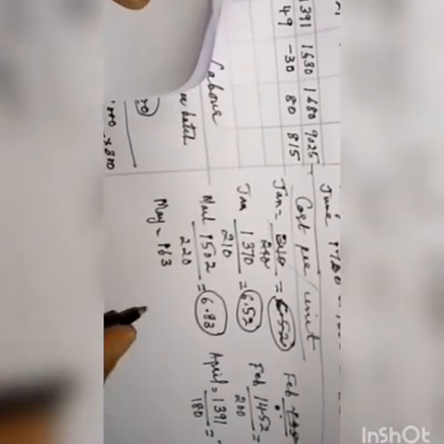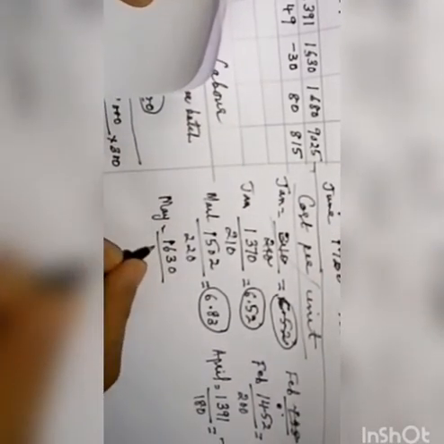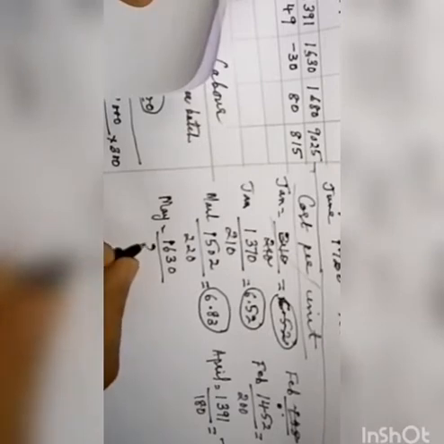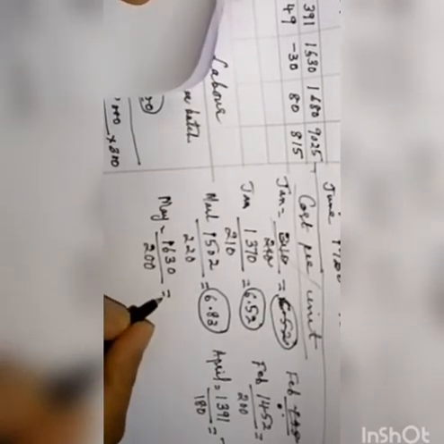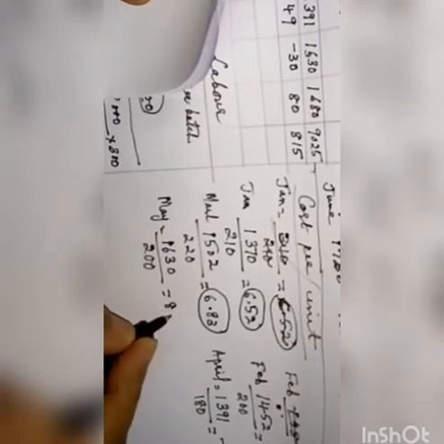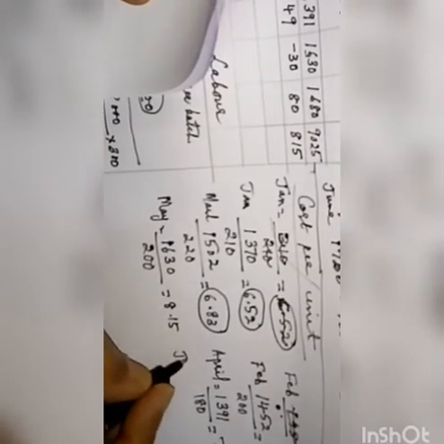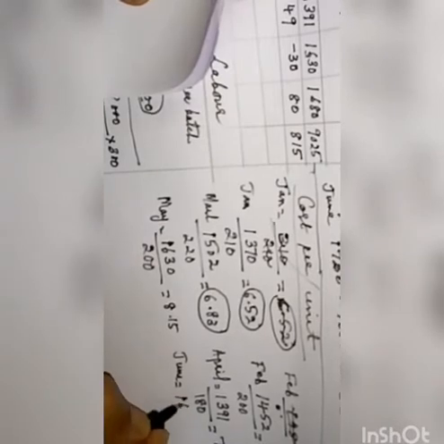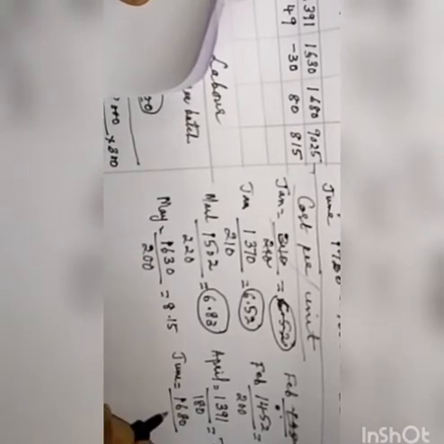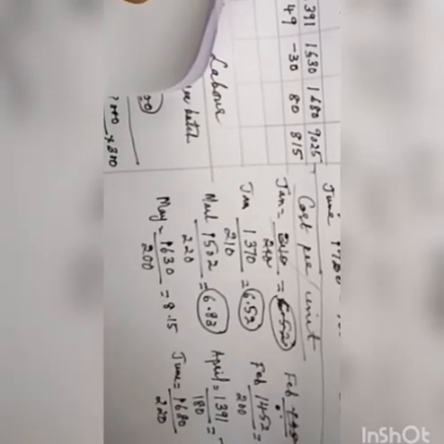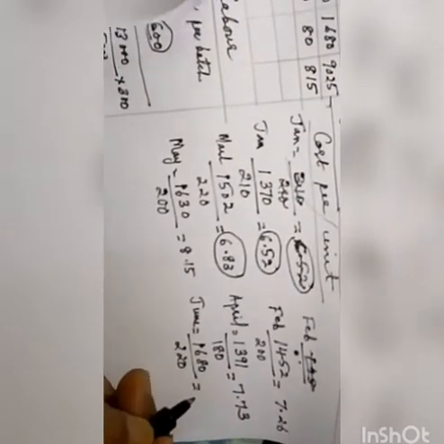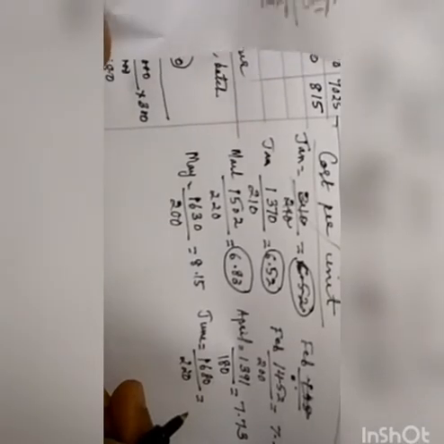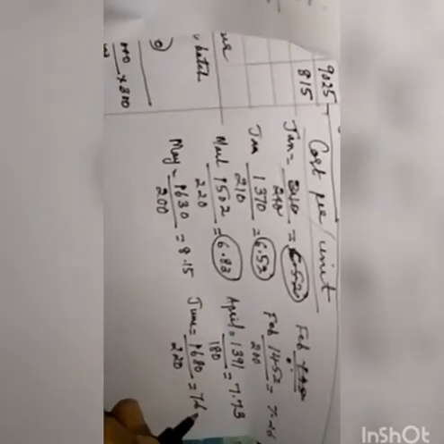For May month total cost is 1630 divided by total number of units produced 200, and the cost per unit is 8.15. June month total cost 1680 divided by total number of units produced 220. Rate per unit comes to 7.64.